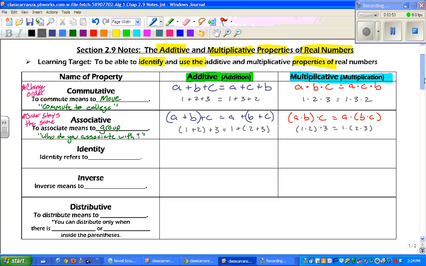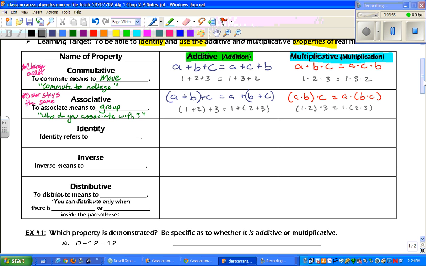All right. The next property is the identity property. An identity refers to the self. When we're working with the identity property, you are going to get the same answer. With addition, what number can I add to this and get the same number back?